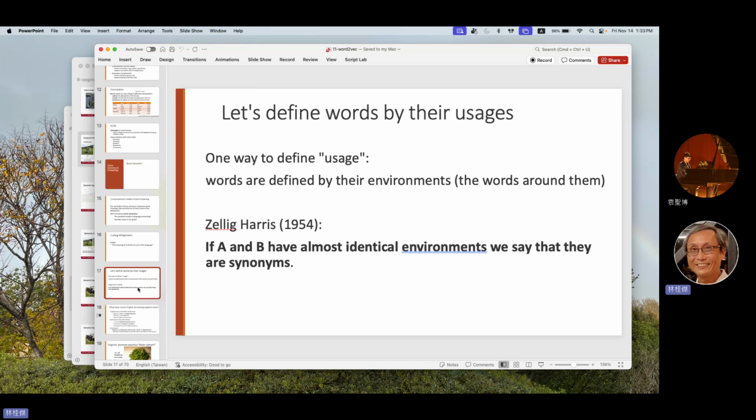So if A and B are almost always used the same way, even in different sentences or contexts, then they should be synonyms, meaning they have the same meaning.